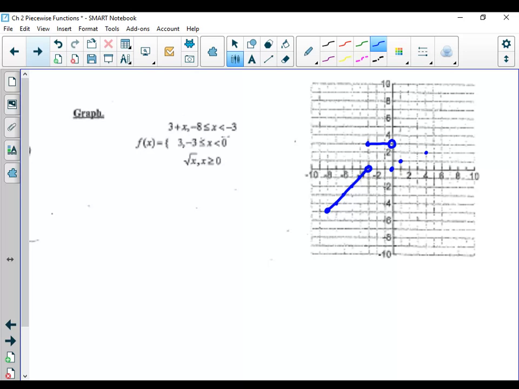And I might get one more value, so I'll go out to 9 because it's a perfect square, and that's going to be 3. And we already have an idea of what that looks like, but that's going to be our square root graph. Now this time I'm going to put an arrow on there because it says all the values greater than or equal to. So that would be an example of starting with a piecewise function and then actually graphing it.